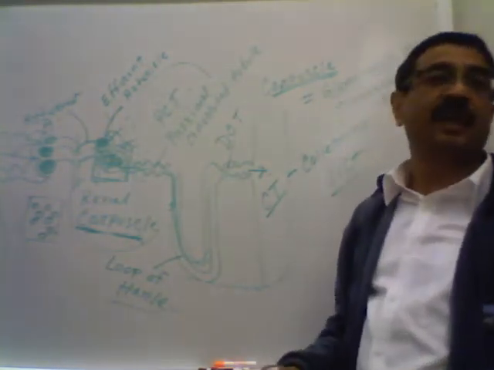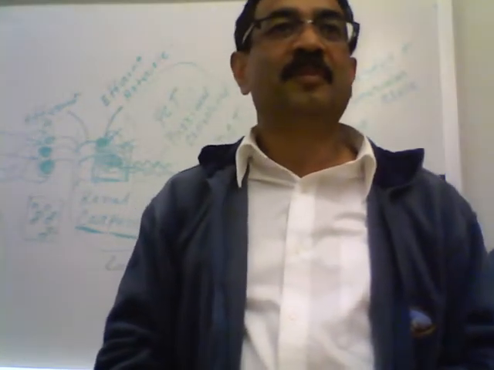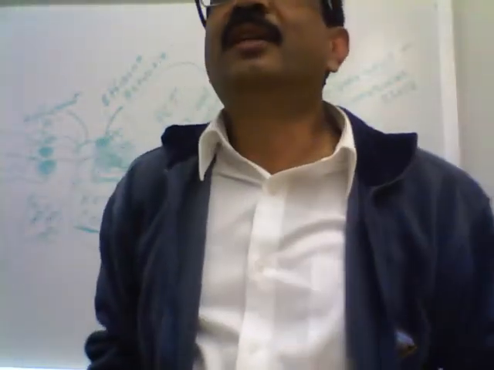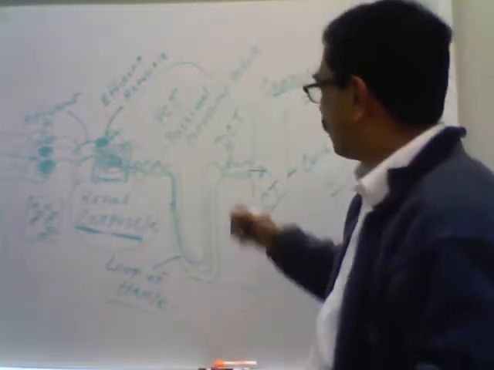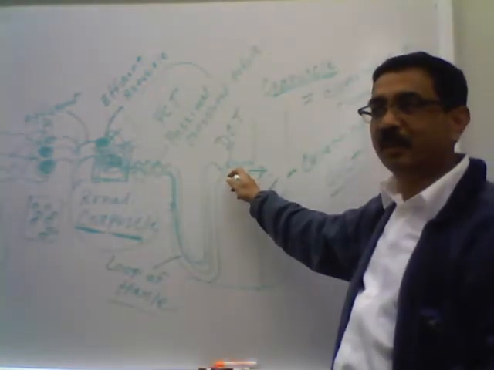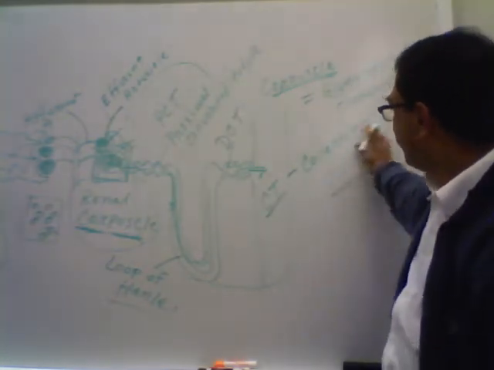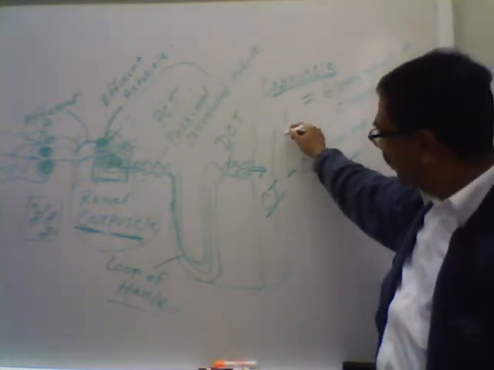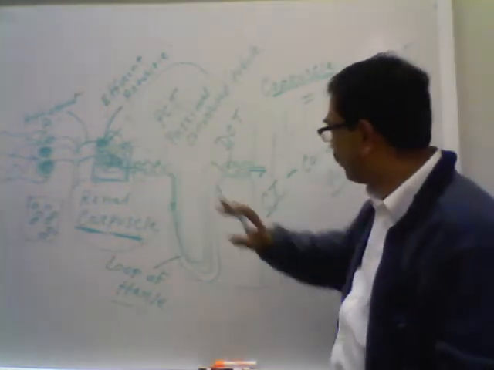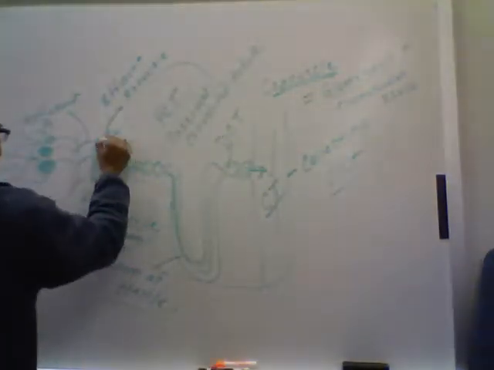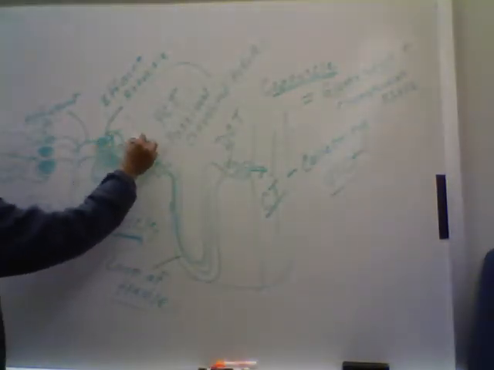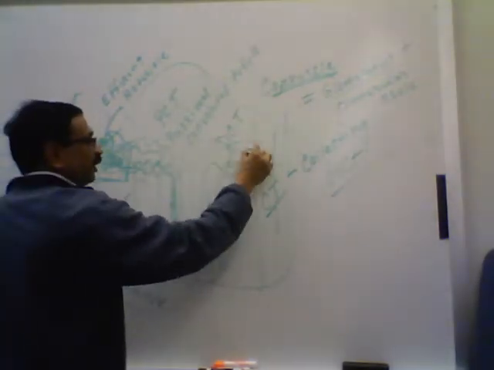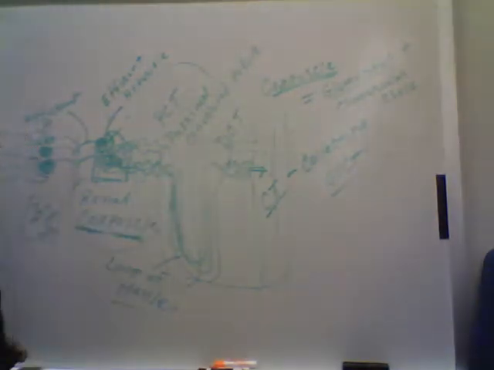What's the function of the collecting duct? Duct means tube, a big tube. So it collects the urine from what? From the distal convoluted tubule, right? What happens here? Each collecting duct collects urine from several nephrons. That means another nephron starts here, just like this, and its distal convoluted tubule drains into this collecting duct.